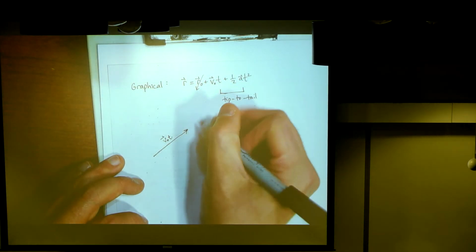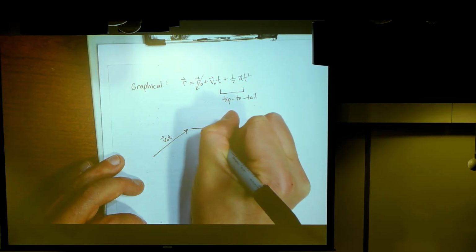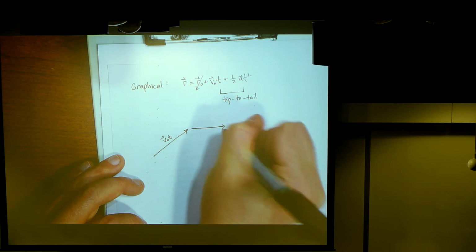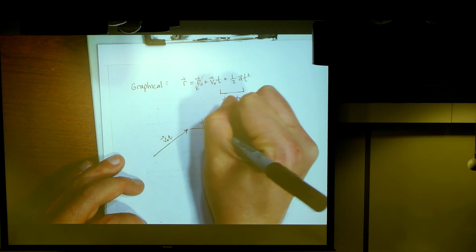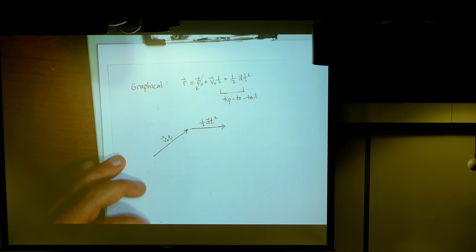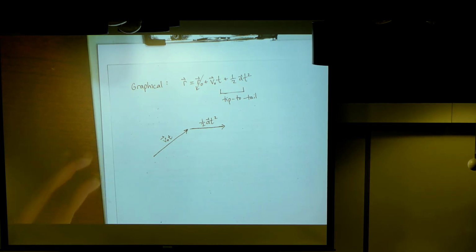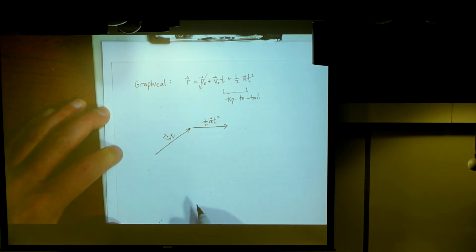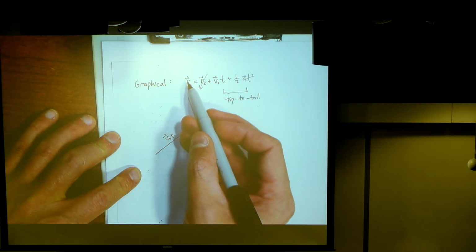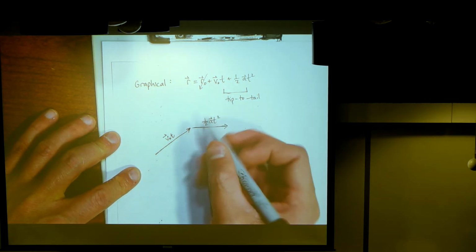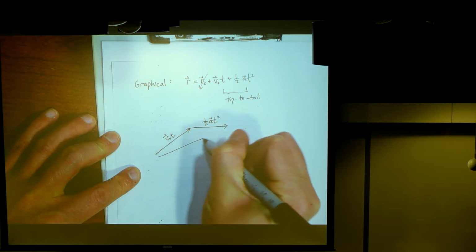My acceleration vector is going to the right. So this would be 1/2 at squared. That whole thing is a vector. And when I add those two tip to tail, the resultant vector I get is r. So that's this vector, isn't it?